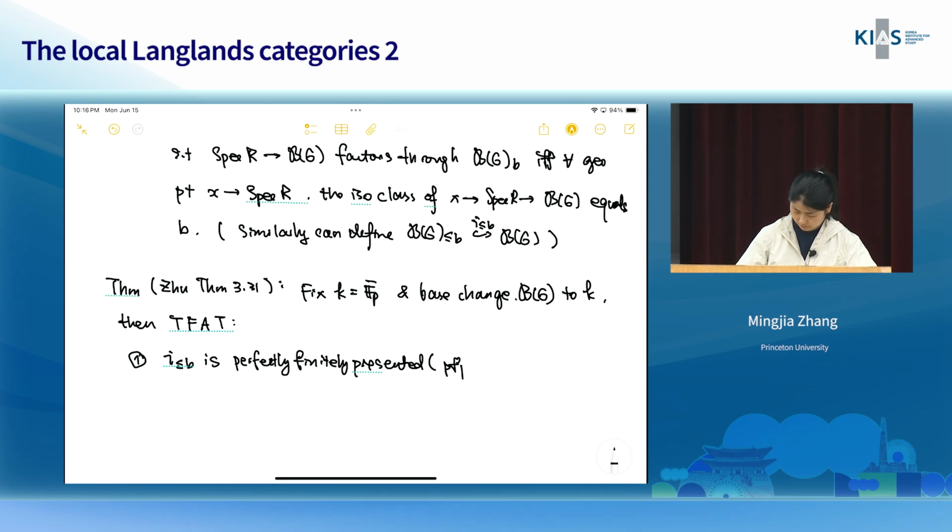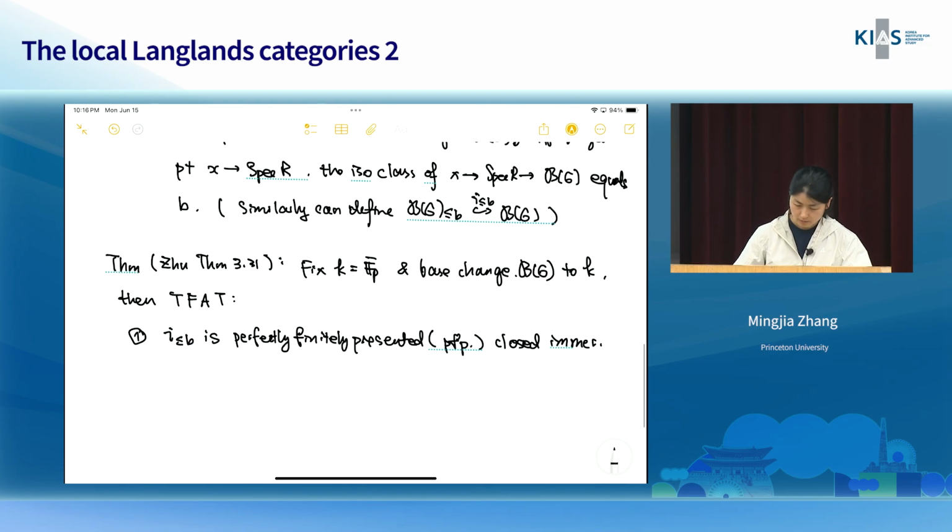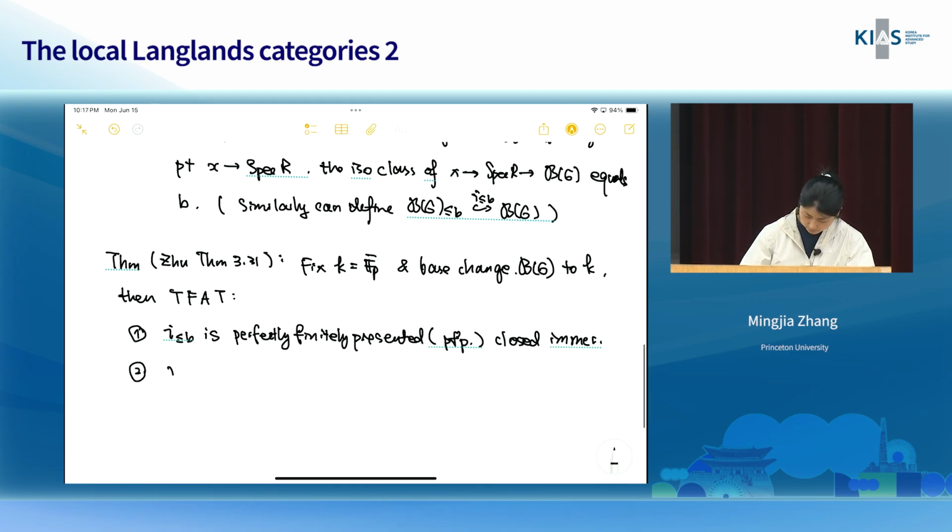This property will show up a lot in this setup of Xinwen, and it will be abbreviated as pfp. And second, the closure relation in the stack BG is the same as the closure relation in the Kottwitz set.